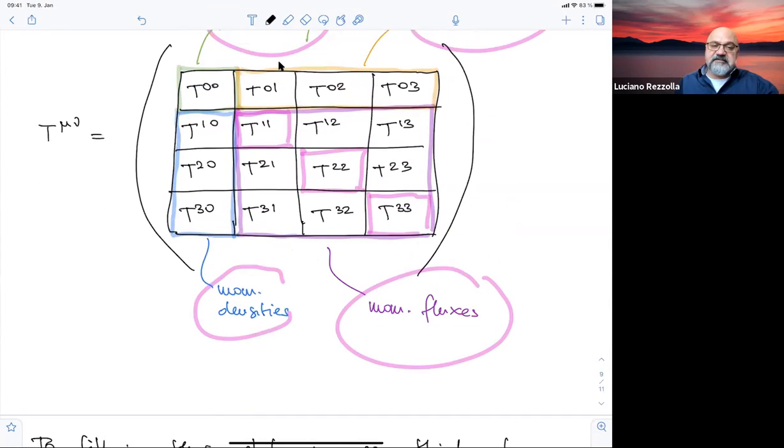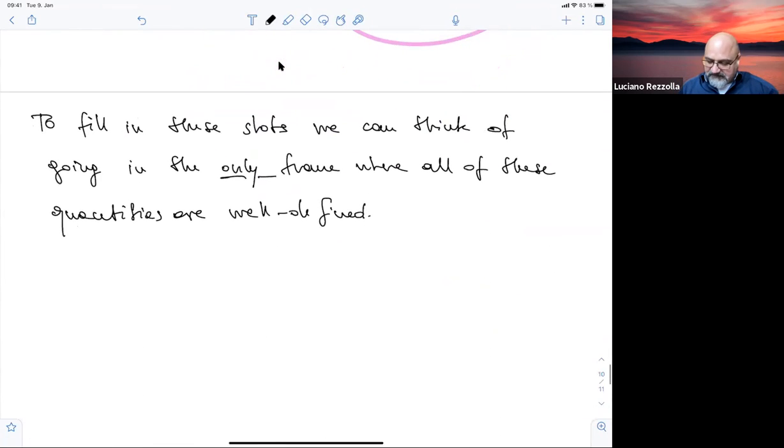If I am in a frame which is moving relative to a fluid, then the energy density is not necessarily the energy density in the fluid itself. It will also suffer from the boost that I am experiencing because I am in a relative motion with respect to my fluid, okay? And this is the fluid rest frame.